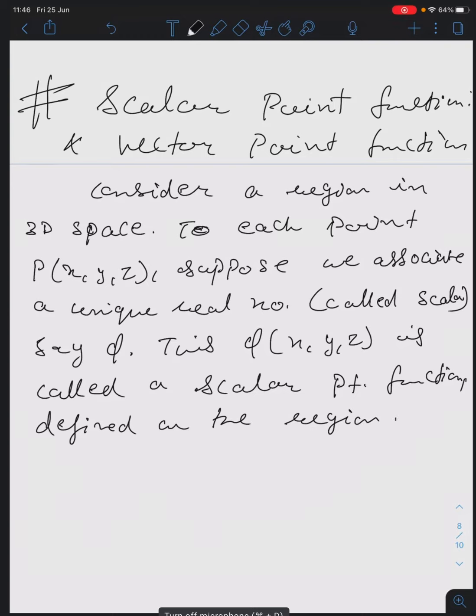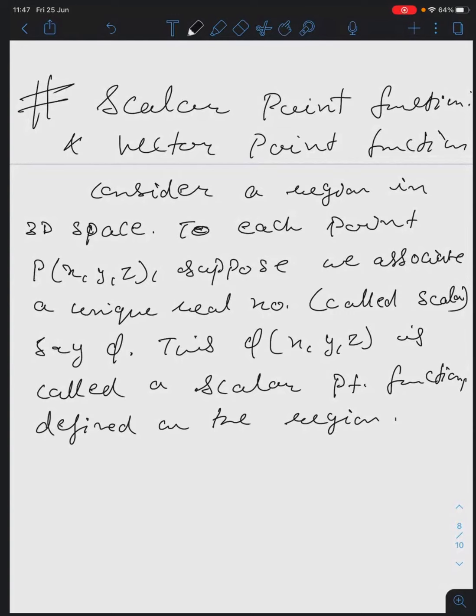Okay, so to explain this, suppose you take a solid, a rod, and heat it. Obviously when you heat the rod, at each point of that rod there will be some temperature, is it or not? Yes, ma'am.